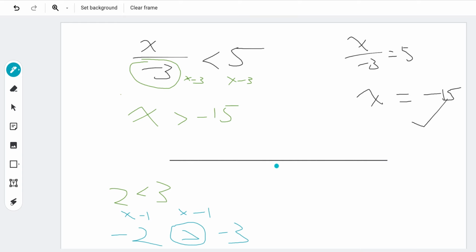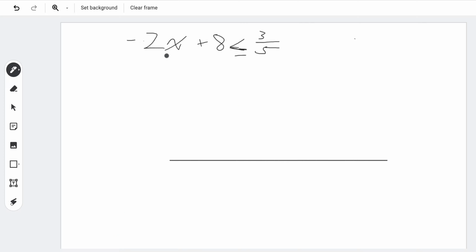Alright, I'm going to give you another example with the same concept. This is another example to practice the negative sign switching principle. Let's start off by just solving it like a normal inequality. The first step is to minus 8 from both sides. So let's take away 8 there, and take away 8 there.